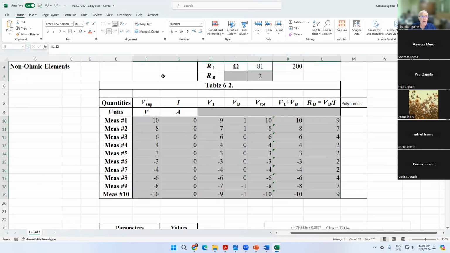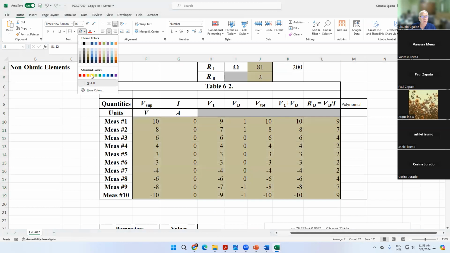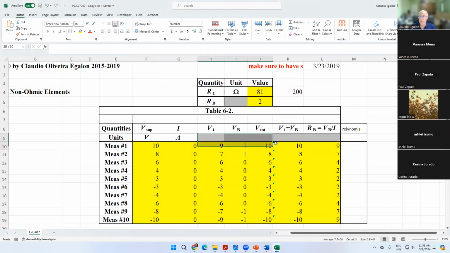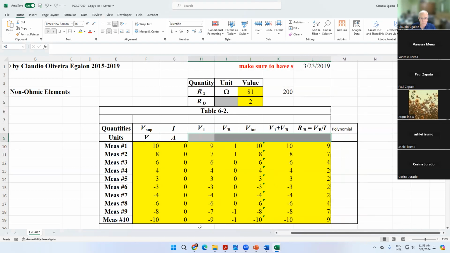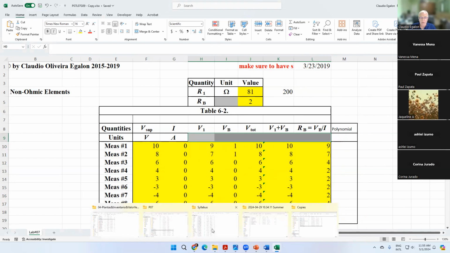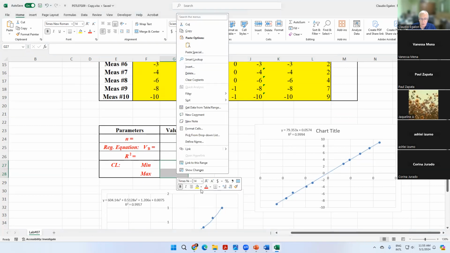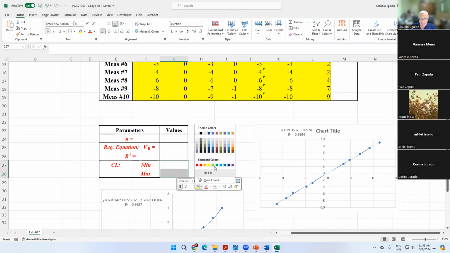I'm going to put significant figures in yellow. Yellow is the significant figures. The gray is the units. Get the table for this one, and then this one here I'm going to put in light green.